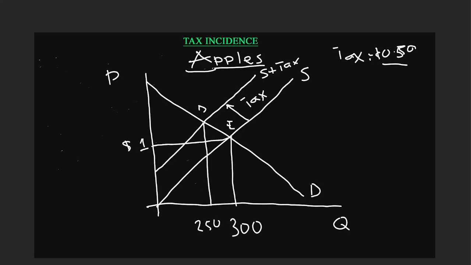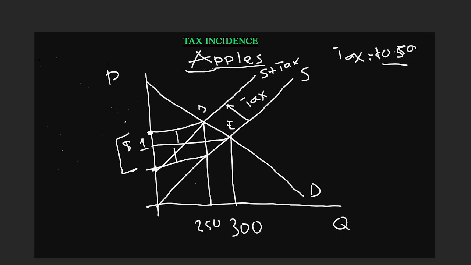We know that the gap between this point and that point should just be the amount of the tax, because that is the gap between your new supply curve and the old one. Previously the equilibrium price was $1, so looking at the distance between here and there, the top one is a smaller distance.